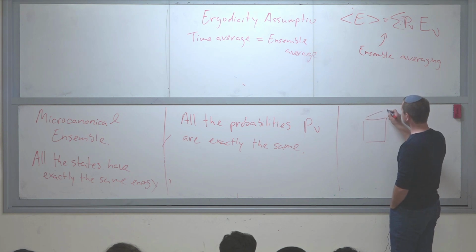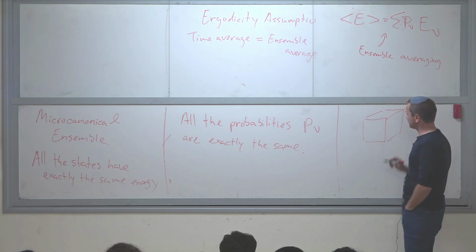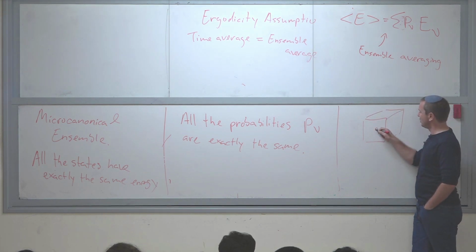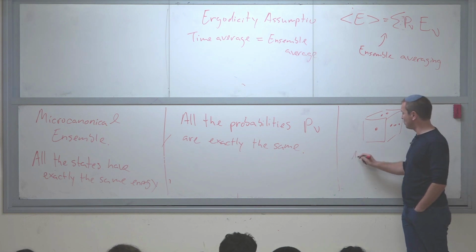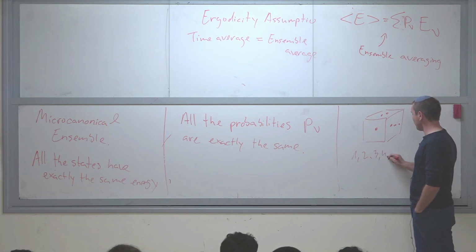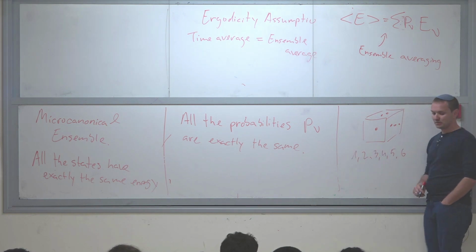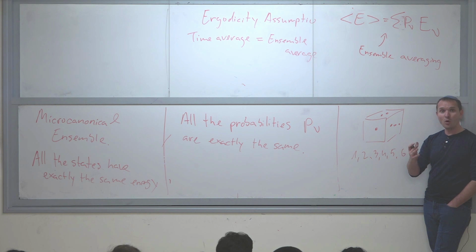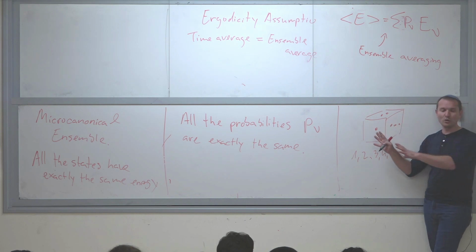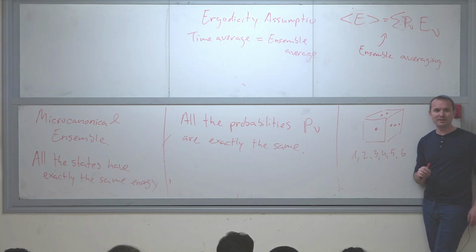Great. So let's look at an example. We have a single dice. The different states of this dice: we roll the dice, and it can give us one number, 1, 2, 3, 4, 5, 6. This is our system. We get an answer. All the different answers are equivalent. They have exactly the same probability and exactly the same energy.